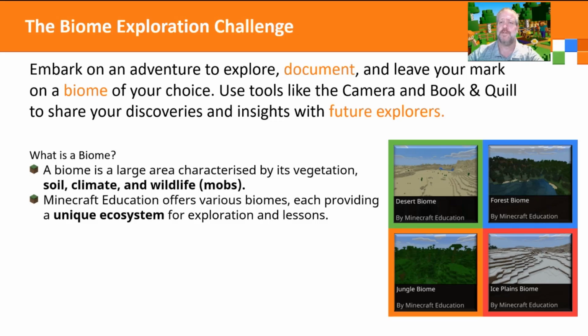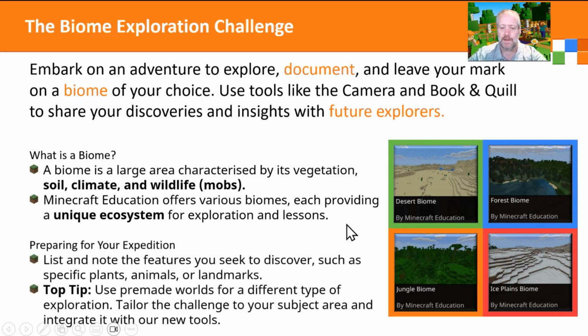Each has a different ecosystem, and there are some really good worlds that you can explore and learn about these. We might be focusing on plants. What plants do we have in this area, or landmarks? Are there any human-built structures? What sort of water features are there? All of those sorts of things.